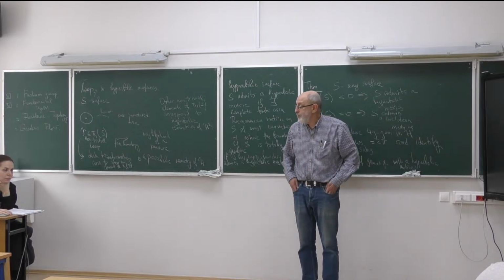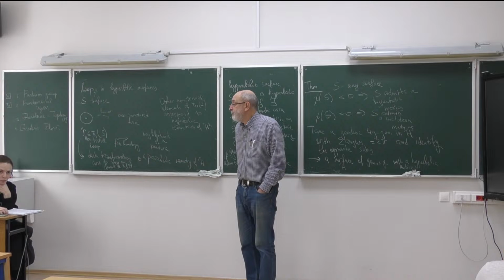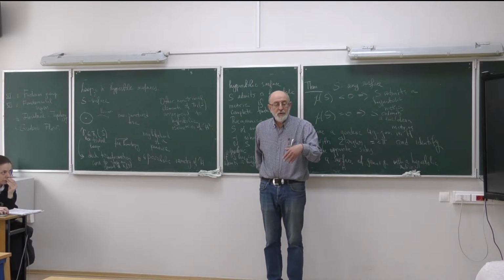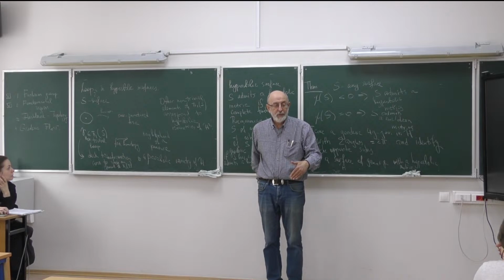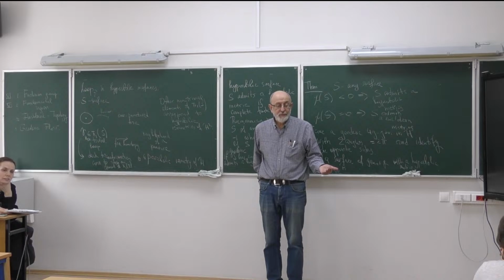У вас есть какая-то метрическая поверхность, и вы ее реализуете как результат факторизации накрывающей поверхности по действию фундаментальной группы. Фундаментальная группа на накрывающей поверхности действует изометрично. Если бы она действовала не изометриями, вы не смогли бы опустить эту метрику вниз.